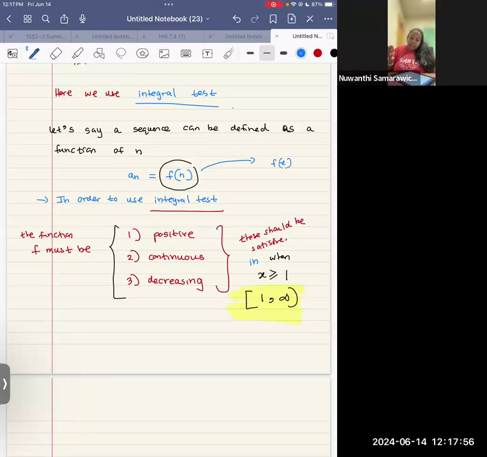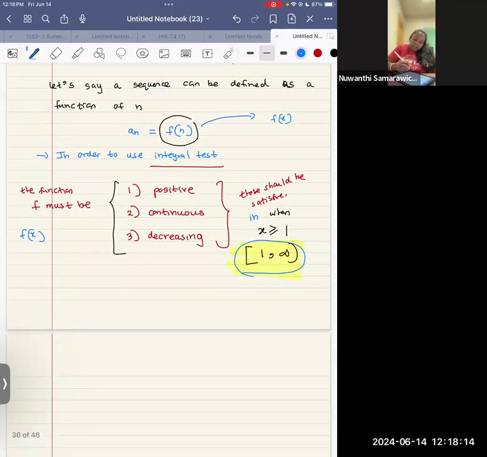So f of x should be positive, continuous and decreasing on 1 to infinity. If these three conditions are satisfied, we can use the integral test.